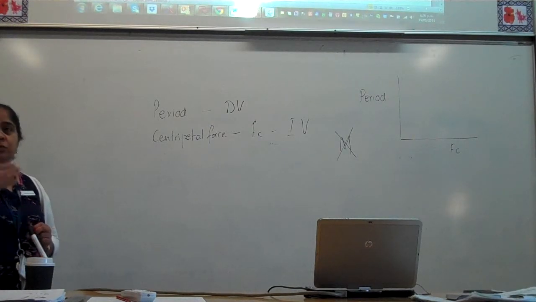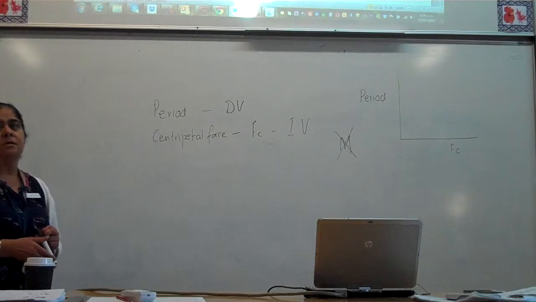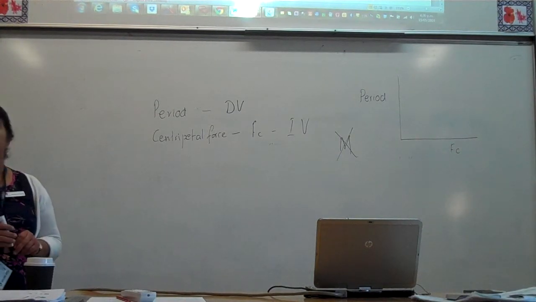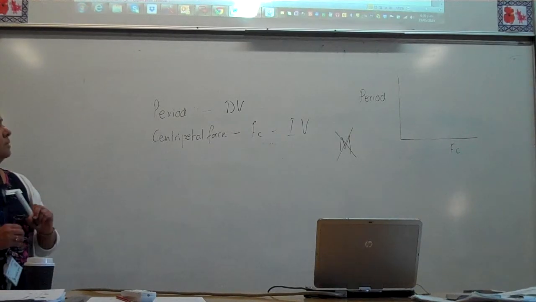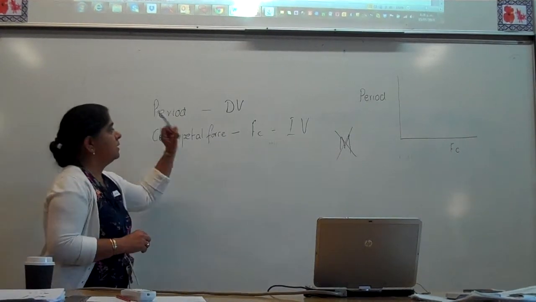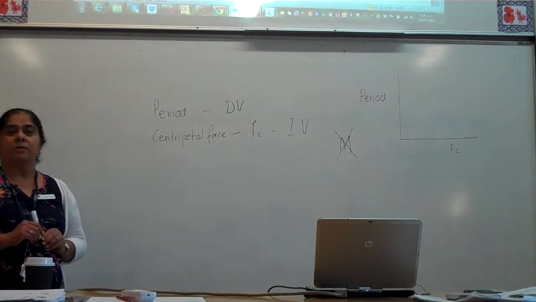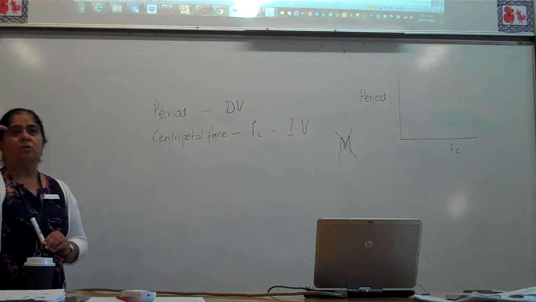And because you will be doing some kind of a comparison, so out of those 3 equations, which one you think is best to pick in order to decide the relationship between period and Fc? First one, middle one, or the last one?